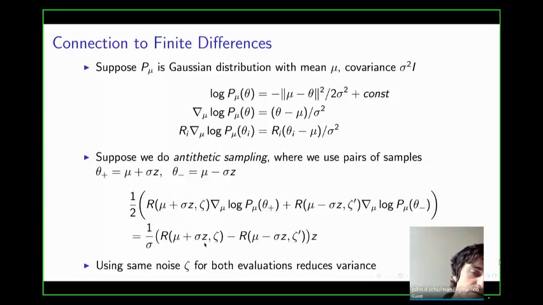So we get much lower variance if we're able to freeze the noise, and we can if we have access to a simulator, for example. Then we can use the same random seed and evaluate two different parameter vectors for that random seed. Of course, if it's in the real world, we can't do that.